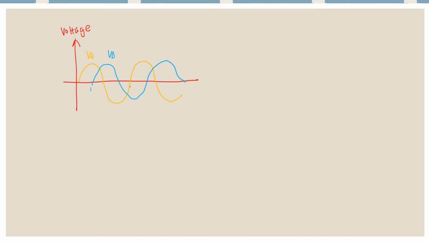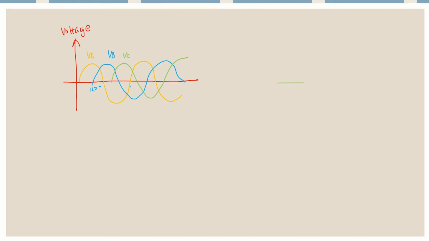It's 120 degrees displaced between VA and VB. And then you have VC. That is the third phase.